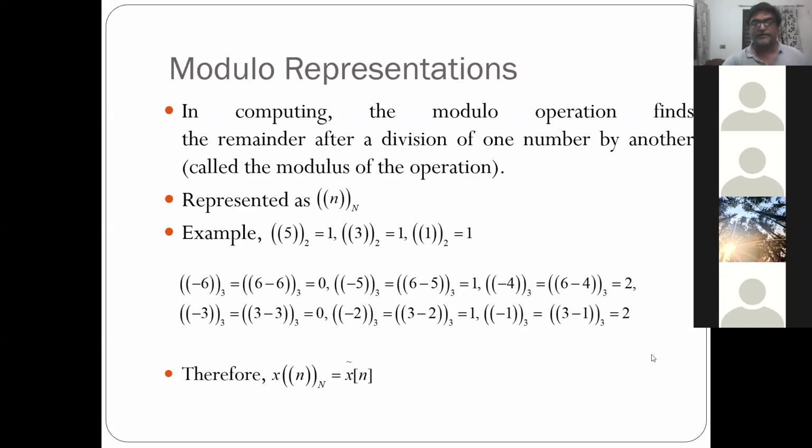Okay, so we have seen why this modulo operator is important. Now we will use these modulo operations to look at certain properties. We will compactly represent the DFT and look at certain properties of the DFT. So let us start with the first property of the discrete Fourier transform.